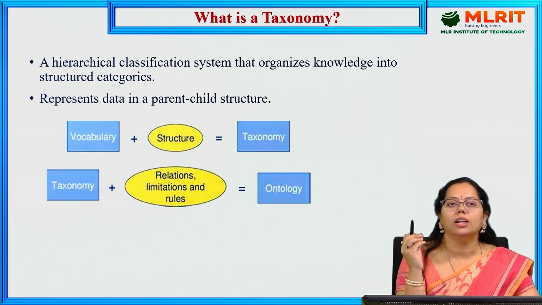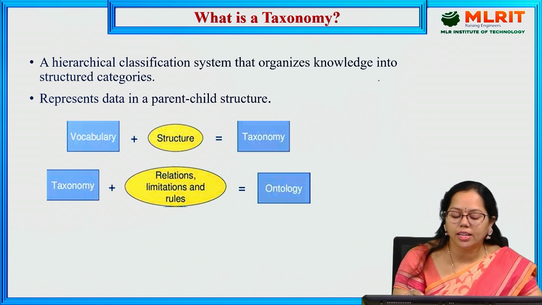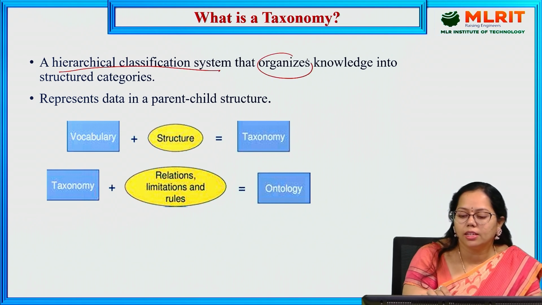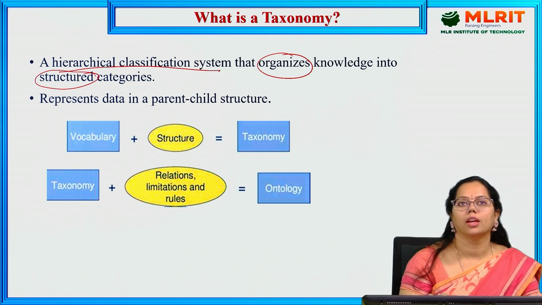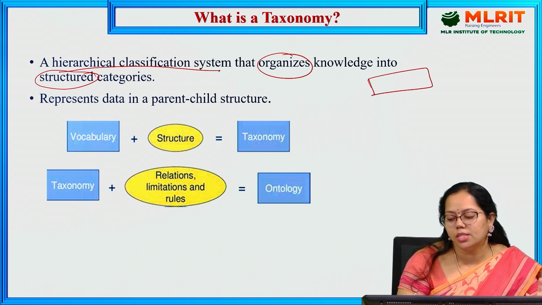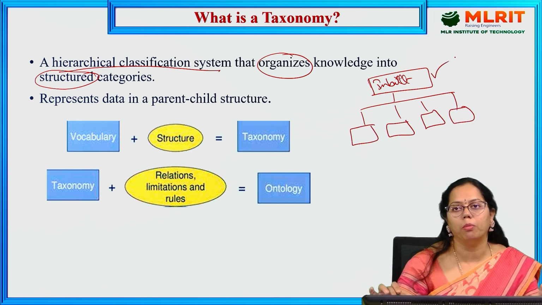Taxonomy is a hierarchical classification system that organizes knowledge into structured categories. A hierarchical classification system is something where I have a model which is already inbuilt, and from this I'll have child nodes which inherit the habits of the inbuilt model.